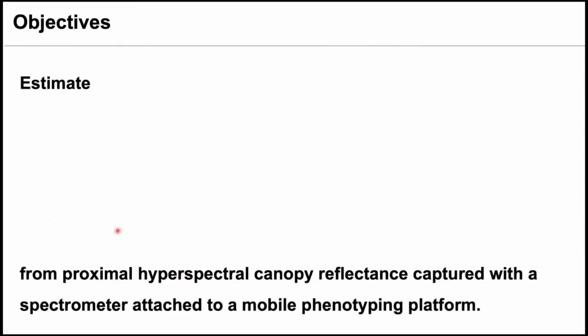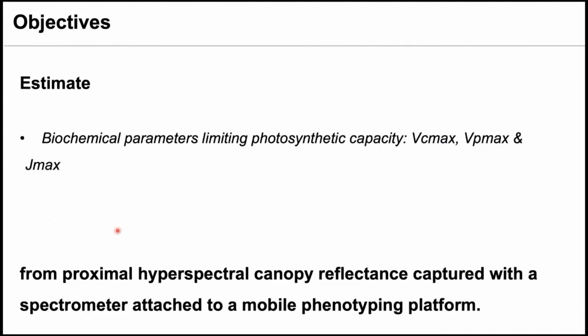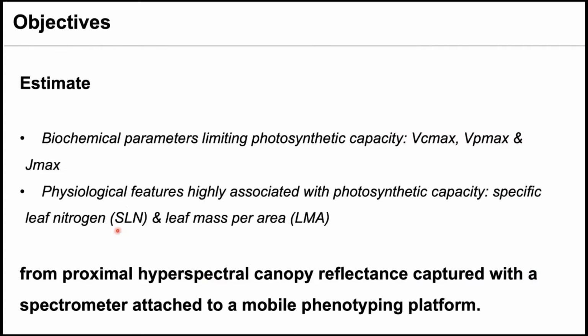Therefore, objectives of this study were to estimate biochemical limitations, including Vcmax, Vpmax, and Jmax, and also physiological features that are highly associated with the photosynthetic capacity, including specific leaf nitrogen, SLN, and leaf mass per leaf area, LMA, by using the proximal hyperspectral canopy reflectance, which was captured by the spectrometer attached to a mobile phenotyping platform.